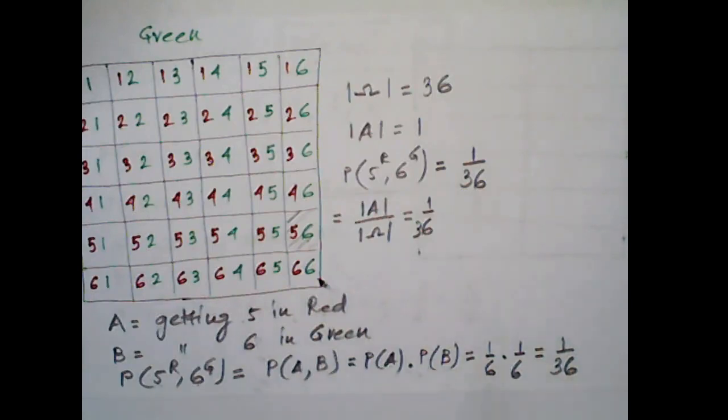The outcome in the red die will not impact the outcome in the green die and vice versa. So these being independent events, I could simply use the product rule and get the correct answer.